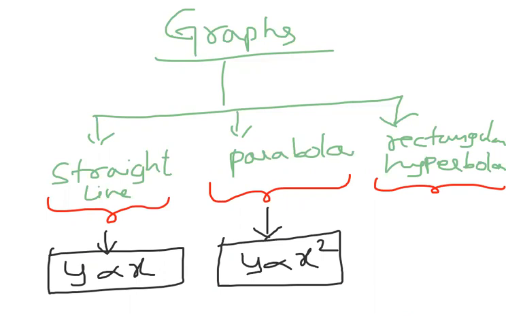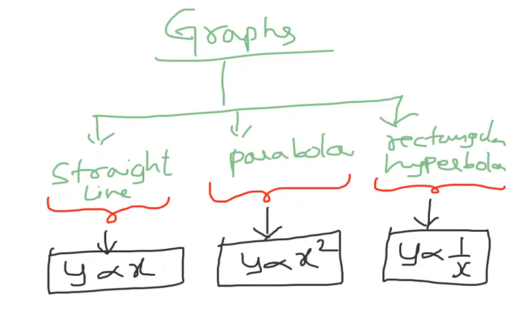If y is proportional to x, we call it a straight line. And if y is inversely related to x, we call it a rectangular hyperbola. These are the basic conditions: straight line, y proportional to x; parabola, y proportional to x square; rectangular hyperbola, y proportional to 1 by x.